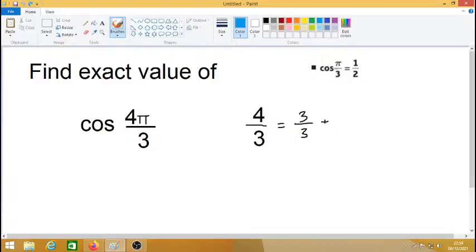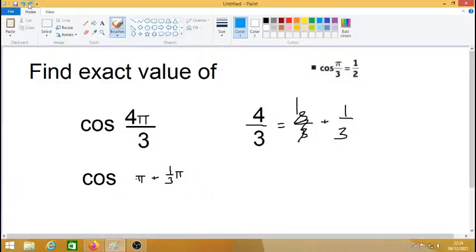And here we were aiming for pi over 3 because we were most confident that we could get this to split to at least look something like pi over 3. So you just remember that 4/3 is really 3/3 plus a third. So then I can split 4 pi over 3 into 3/3 pi plus a third pi. So then I've got my pi over 3 appearing here. 3/3 pi is just a whole, so I can get rid of that.